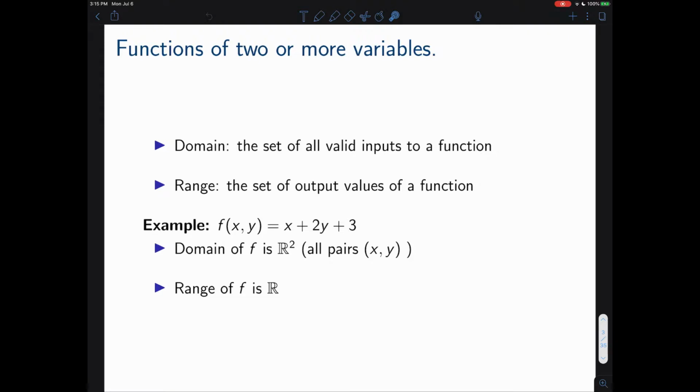For instance, with this example, f of xy equals x plus 2y plus 3, the domain is all of R2, all pairs x and y without restriction. X can be any real number and y can be any real number, and we get a valid expression here. So there's no domain restrictions in this function. The range of this one is all real numbers. Any real number can be gotten as an output.